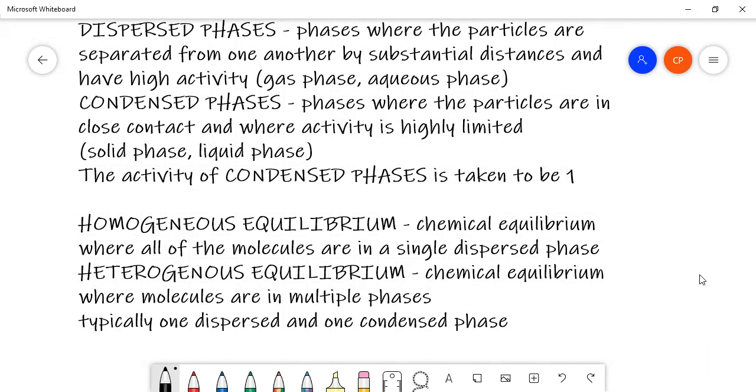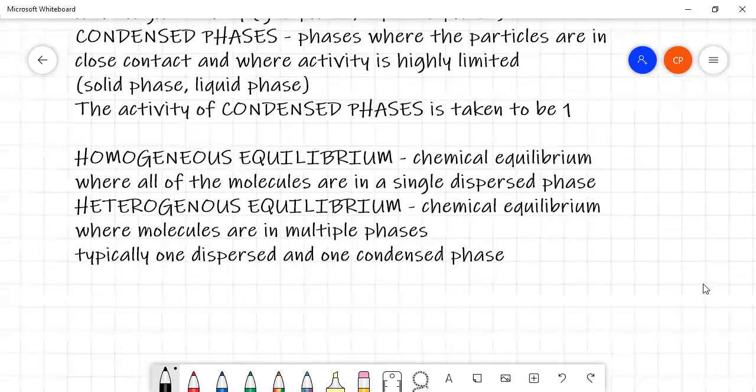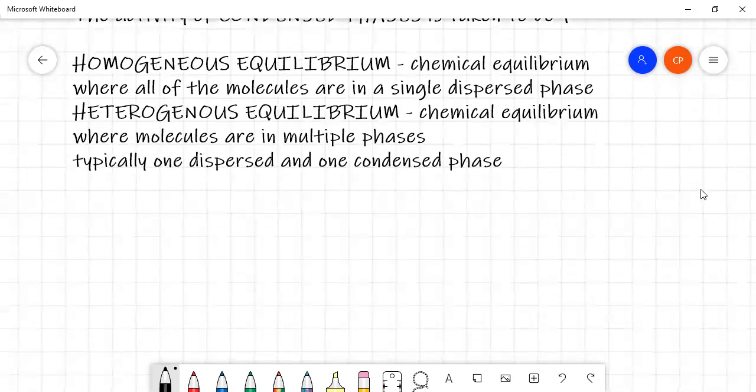And the way you write down equilibrium constants and reaction quotients for heterogeneous equilibrium is you write down everything that's in the dispersed phase and nothing that's in the condensed phase. Let's start talking through an example of that.